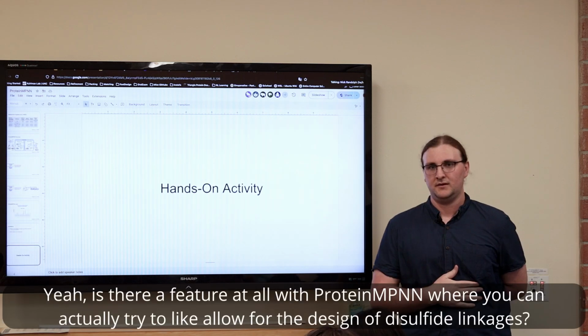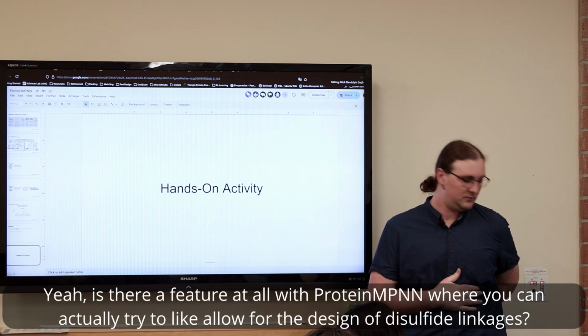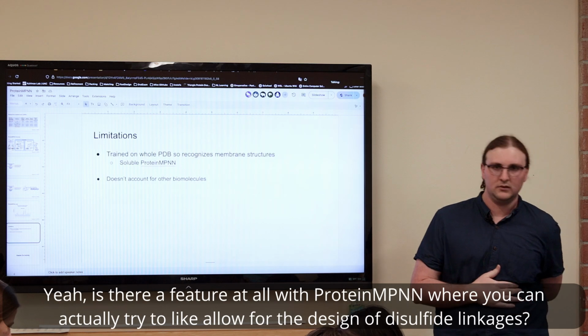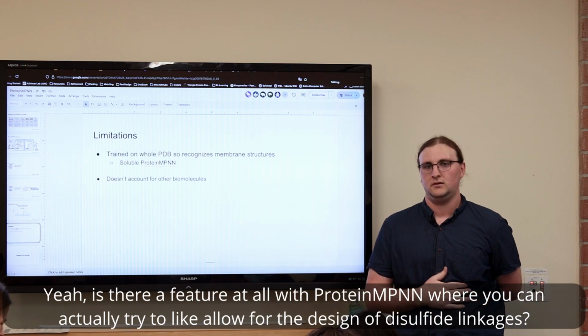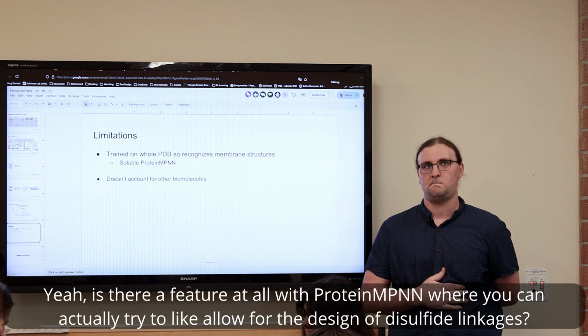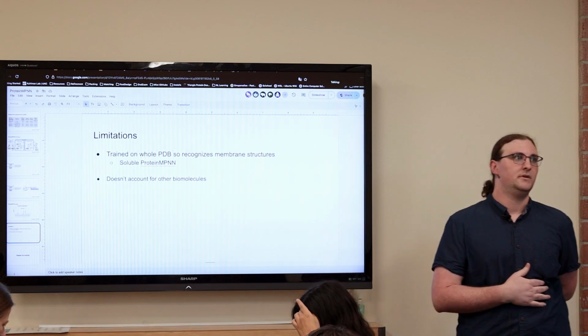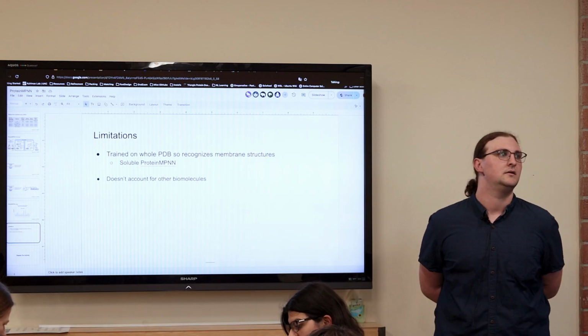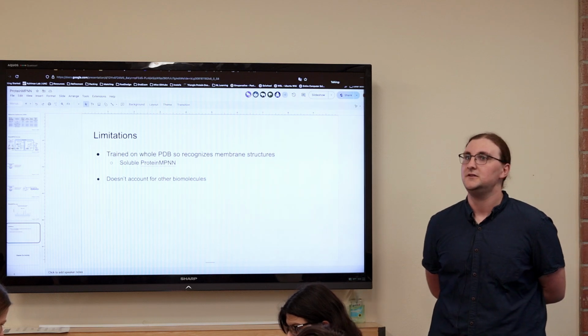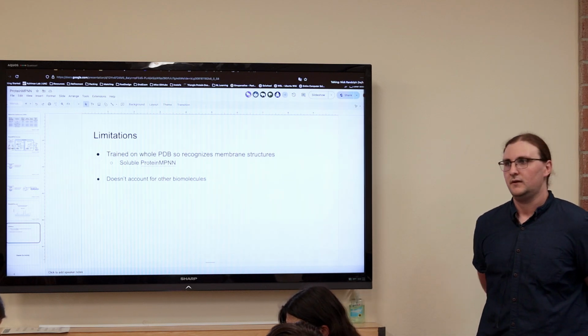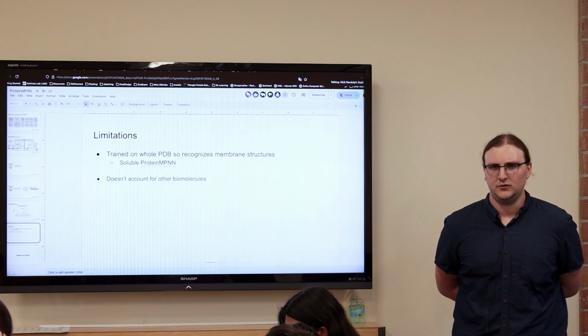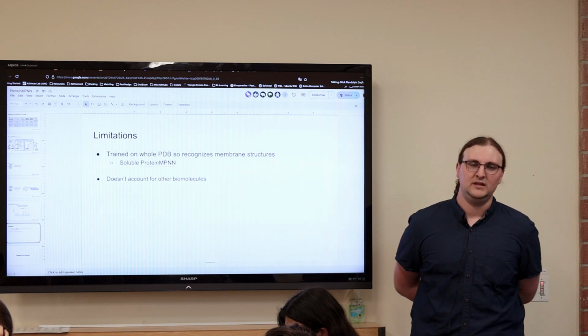Is there a feature with ProteinMPNN where you can try to allow for the design of disulfide linkages? Not out of the box. You can imagine modifying it to create something like that.